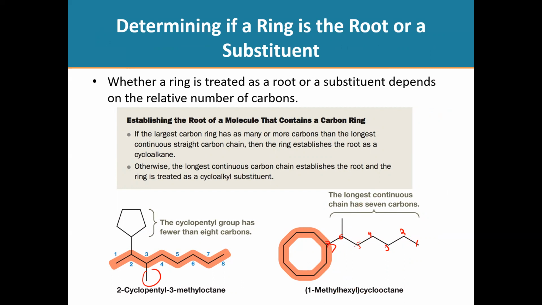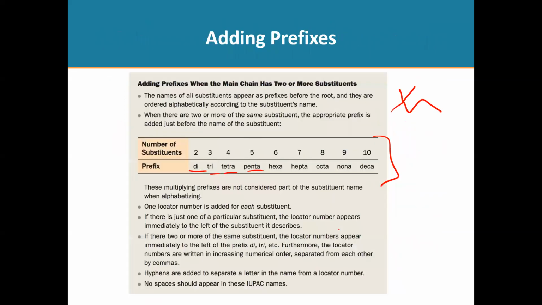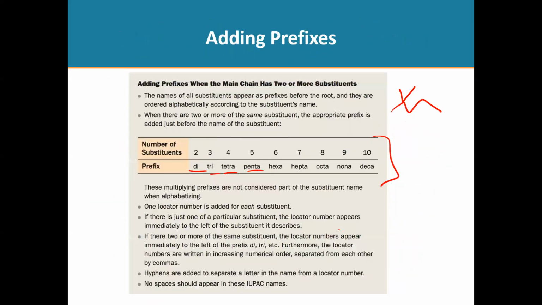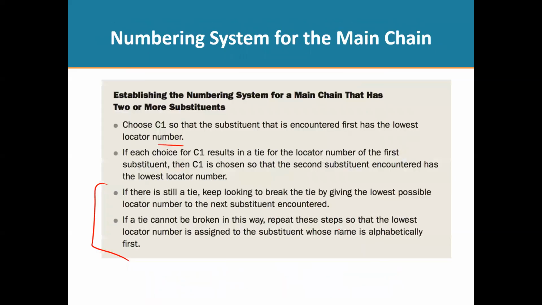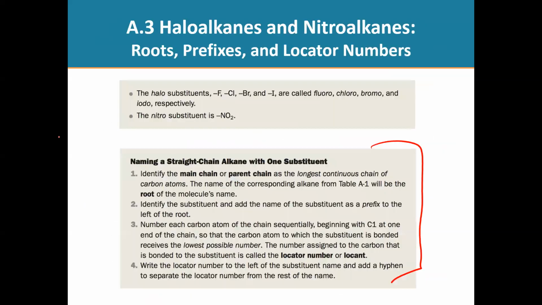One, 2, 3, 4, 5, 6, 7. Yep. If it's a 7 position, I think they made a mistake. It should be, instead of hexyl, it should be hepsyl.